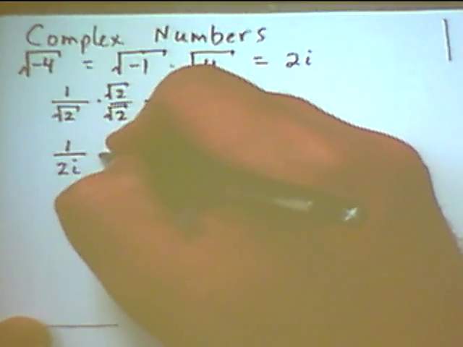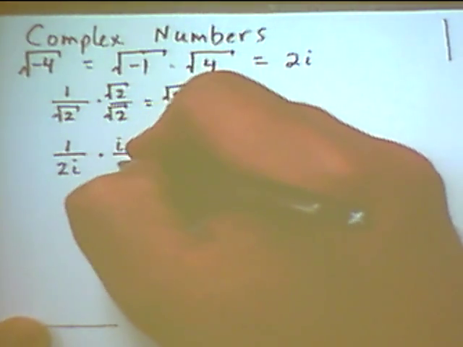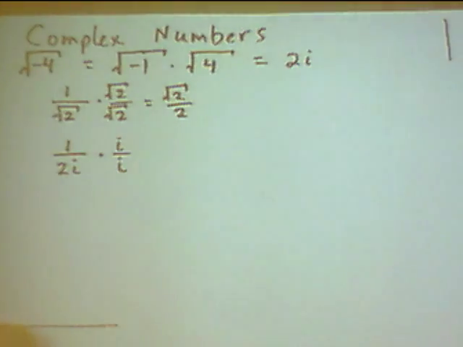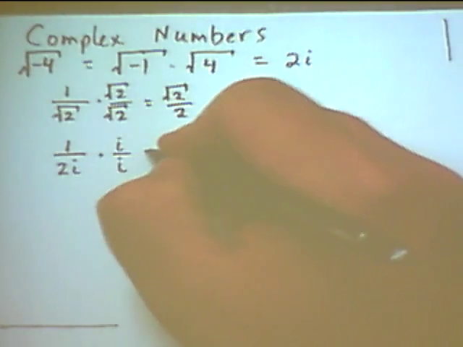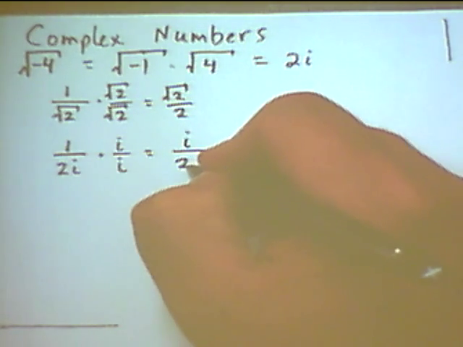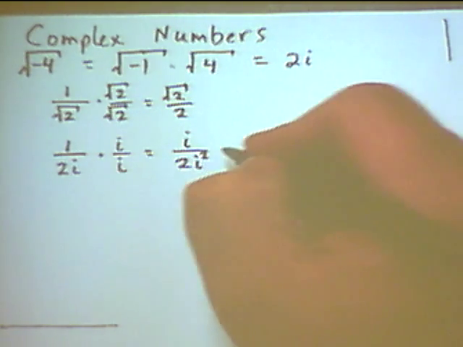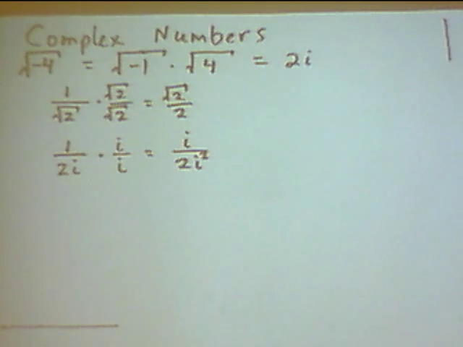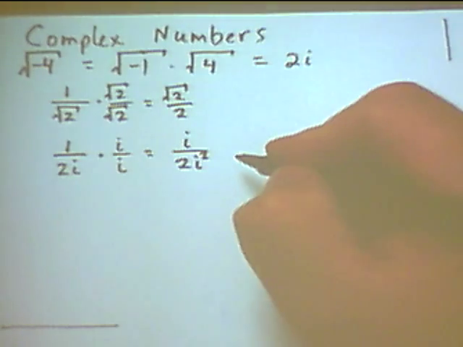You know what I'm going to do here? Multiply the top and the bottom by i. So the numerator becomes i, the denominator becomes 2i squared, but if you remember, what does i squared equal to? i squared equals -1.